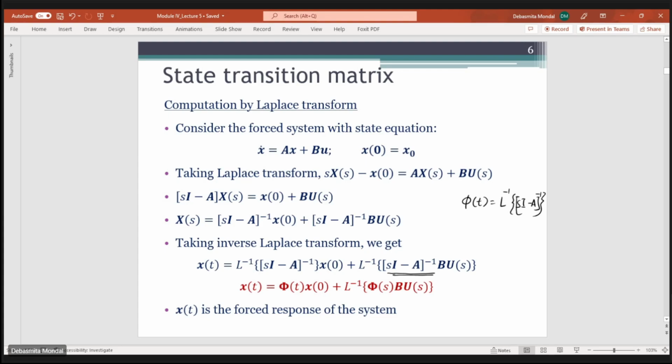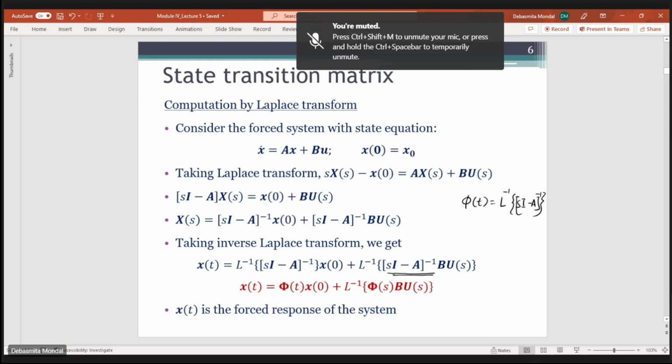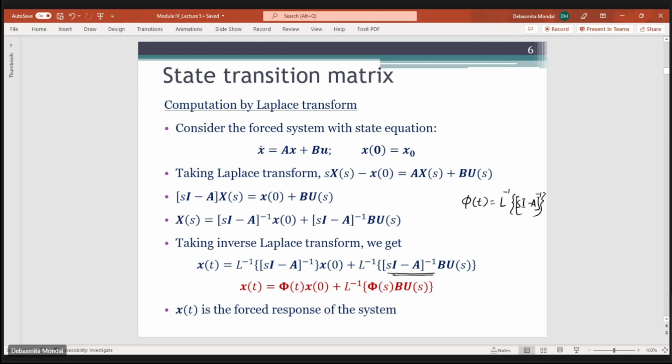But if you have a system of a very high order, the dimension of matrix A becomes large. Usually we are dealing with a maximum of a 2 cross 2 or 3 cross 3 matrix. If you have a larger system, A may become an n cross n matrix, it might be 9 cross 9.